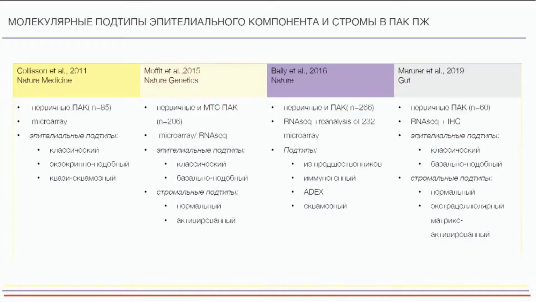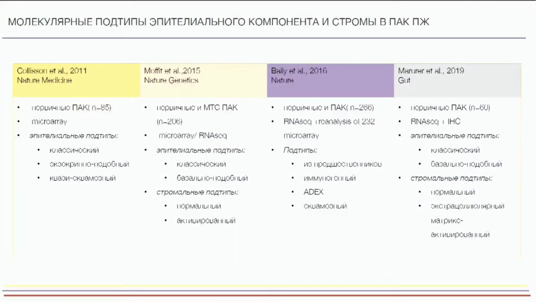But molecular subtypes also have their history for ductal adenocarcinoma. The first papers appeared in 2011. They identified epithelial subtypes such as classical, exocrine, and quasi-squamous. Then in 2015, 2016 and 2019 there were papers to this effect, and they also indicated that the stroma has a lot of importance in the advancement of ductal adenocarcinoma.